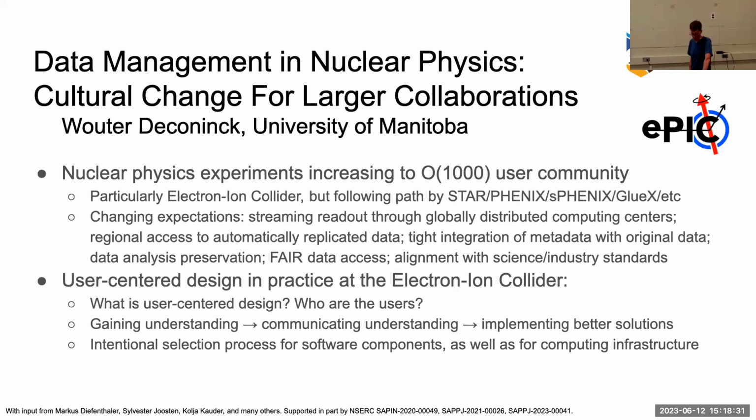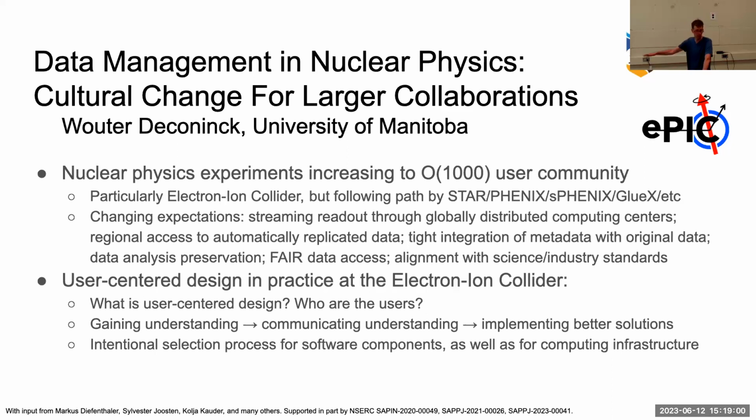So what we're trying to do with the software that's different is dealing with the fact that EIC is bigger than the past. We've had big experiments in the past in nuclear physics, STAR, PHENIX, sPHENIX now, GlueX, but EIC as a community is larger than that, and it requires that we do things a little bit differently than the nuclear physics community has been used to.